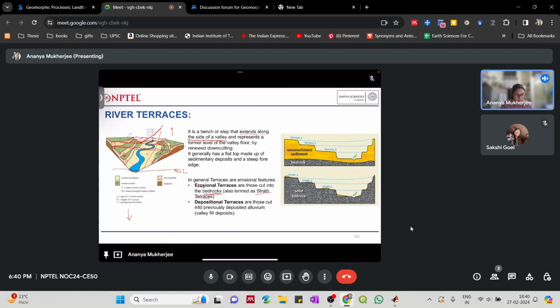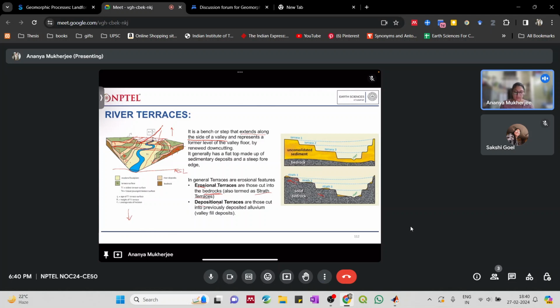You can see over here these are bedrocks, so there is not much erosion in terms of these rocks being easily fragmented and turned into sediments. Some sediments are there, but mostly these sediments are deposited on the bedrock terraces.